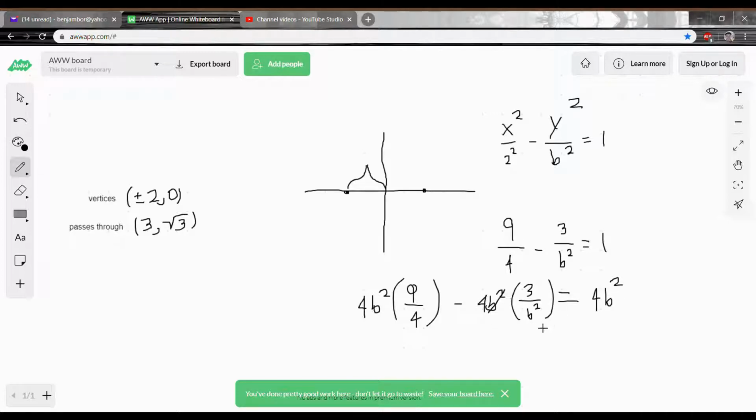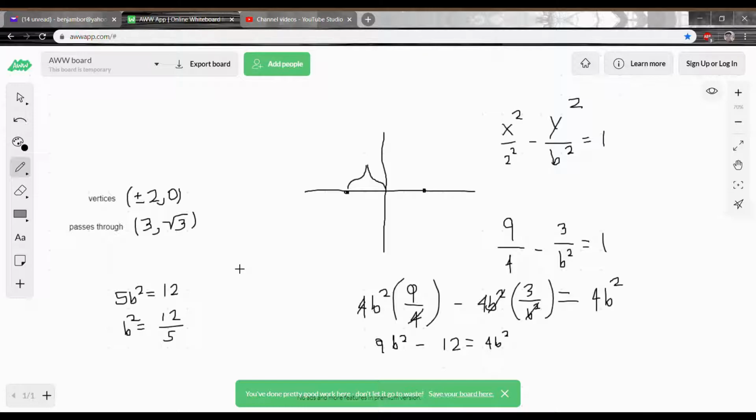Our b squared cancels here and here, and the 4 cancels here and here, and that leaves us with 9b squared minus 12 is equal to 4b squared. We can simplify this a little bit further. We'll subtract 4b squared from both sides, add 12 to both sides. That's going to give us 5b squared is equal to 12. b squared is equal to 12 over 5.